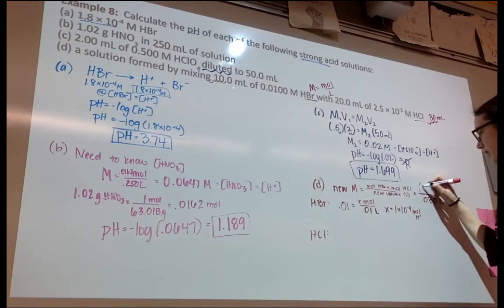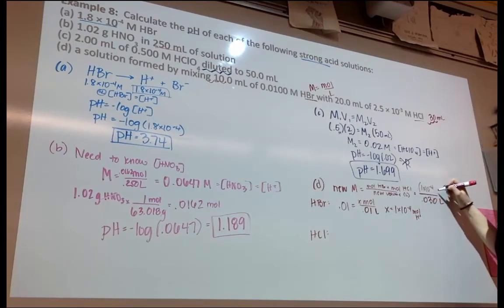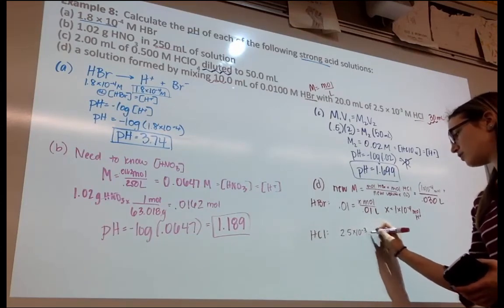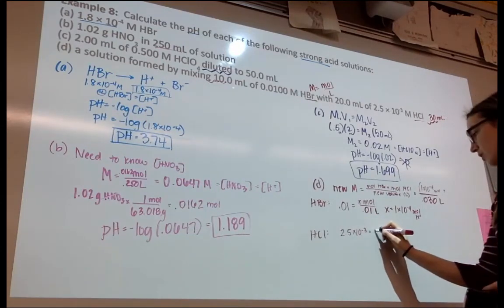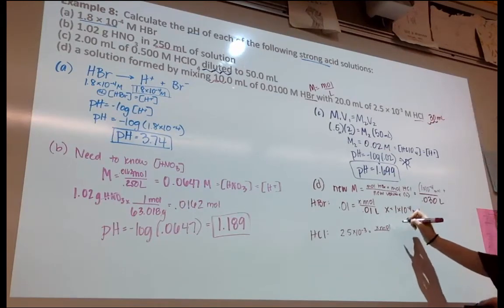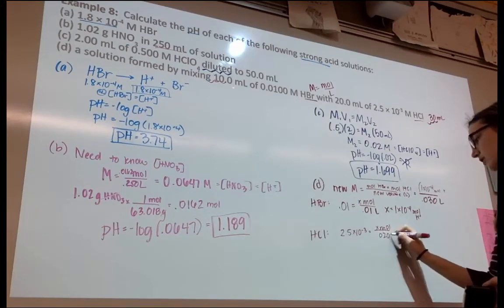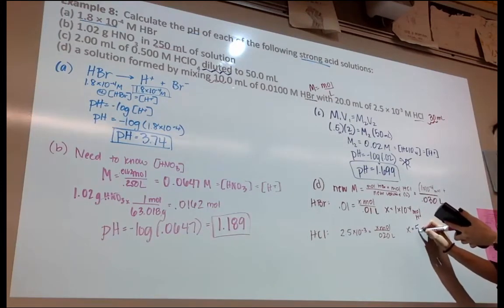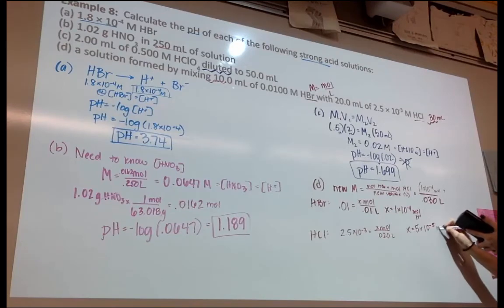So up here, I'll have 1 times 10 to the negative 4th, plus, figure out how many are coming from HCl. So 2.5 times 10 to the negative 3rd molar is X moles over 0.02 liters, times 0.02. 5 times 10 to the negative 5th moles of H+ coming from HCl.